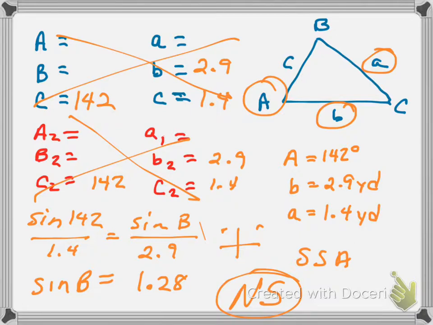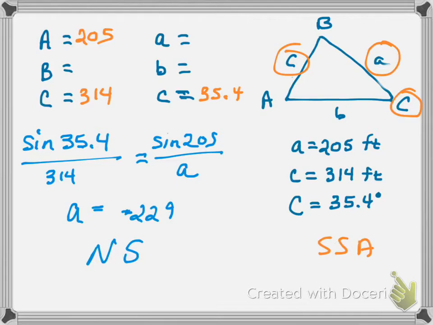That being said, thinking back to that last one I just did, where I made a mistake somewhere, because that one should not have come out no solution. On this one, I messed up. Right here, this is little a equals 205, and I put it for big A over here. So if I go back and correct that, take the 205 and put it here. And it looks like I got these backwards also.